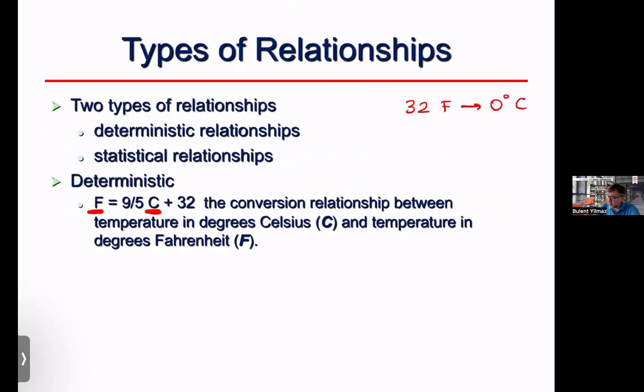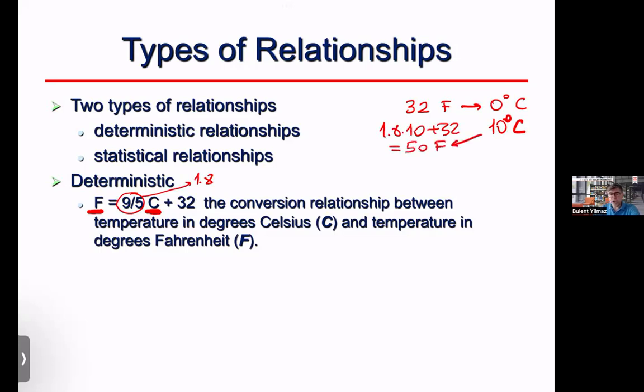If you put C equal to 0, Fahrenheit will be equal to 32, okay? And then there is the 1.8 factor. So if it is 10 degrees Celsius, then it will be 1.8 times 10 plus 32, which is 18 plus 32, 50 Fahrenheit.